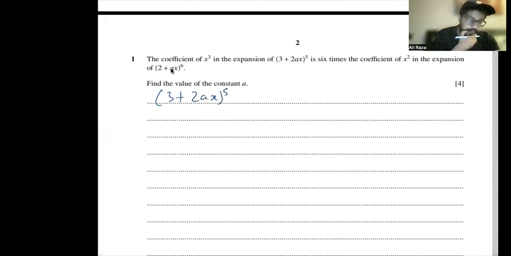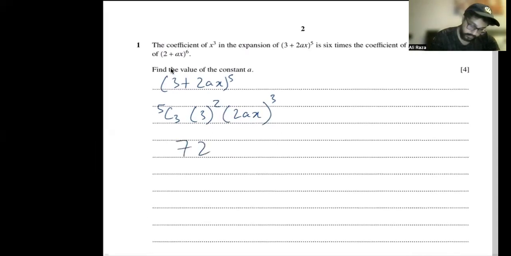From the first expansion, we'll find the term 5C3 for x cubed. We have 3 squared and (2ax)^3. This gives us 720 a cubed x cubed.